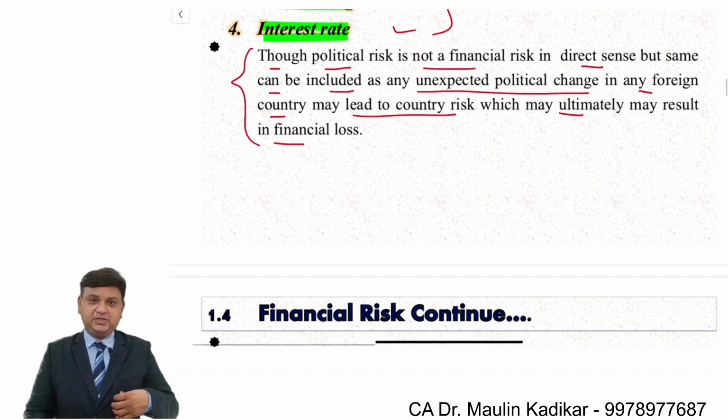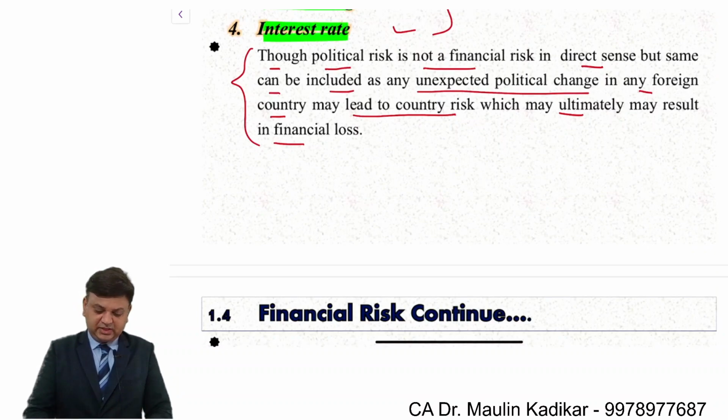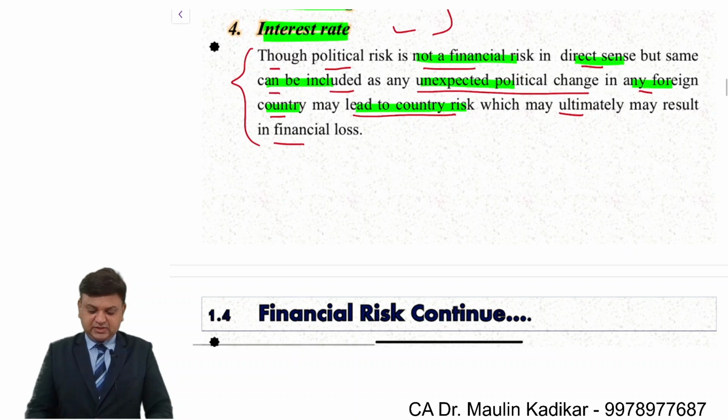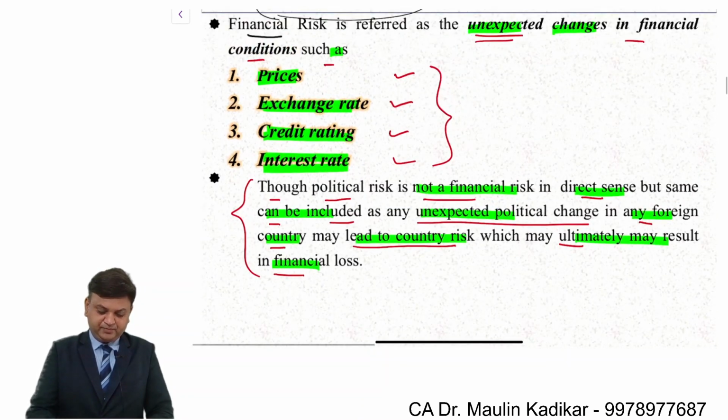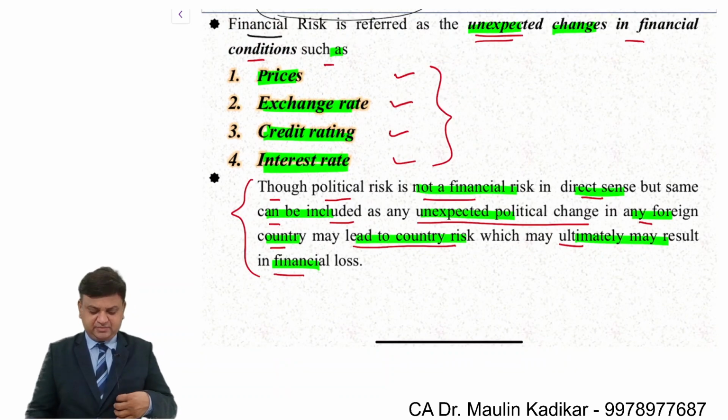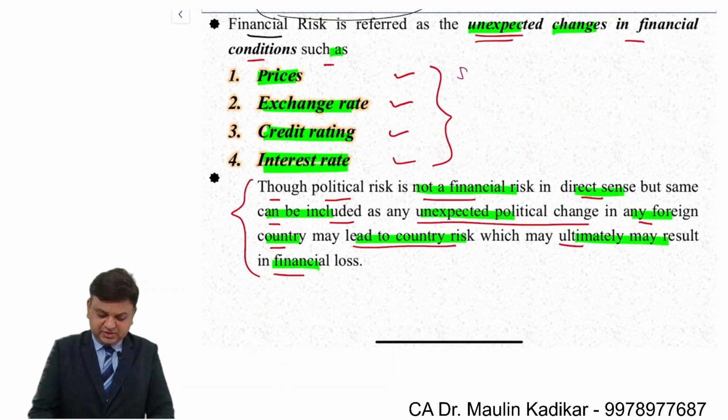Though political risk is not a financial risk in the direct sense, the same can be included as unexpected political change in any foreign country may lead to counterparty risk, which may ultimately result in financial loss. So over here they have added something called political risk.